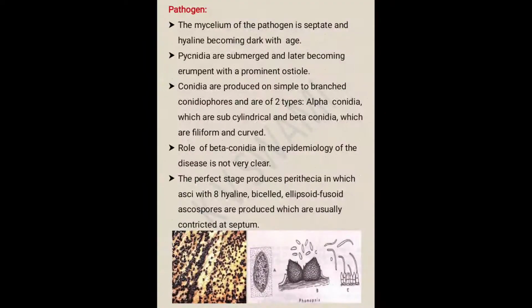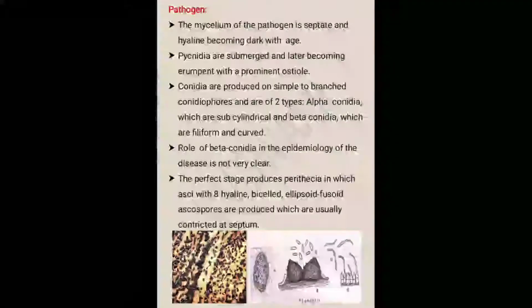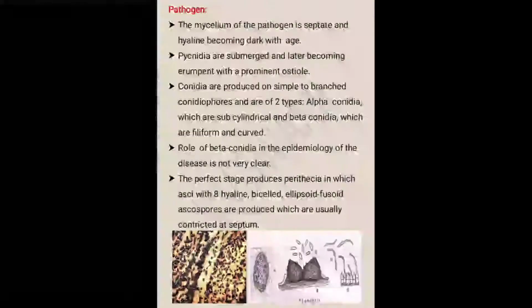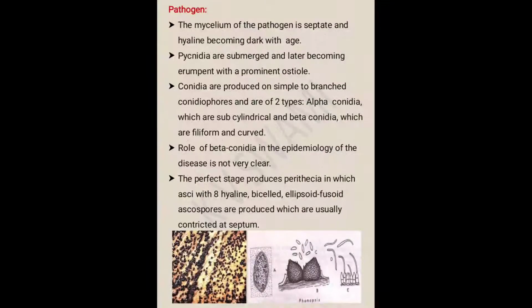Let me discuss about the pathogen. The mycelium of the pathogen is septate and hyaline, becoming dark with age. Pycnidia are submerged and later erupt with a prominent ostiole. Conidia are produced on simple to branched conidiophores and are of two types, alpha conidia which are subcylindrical and beta conidia which are filiform and curved.